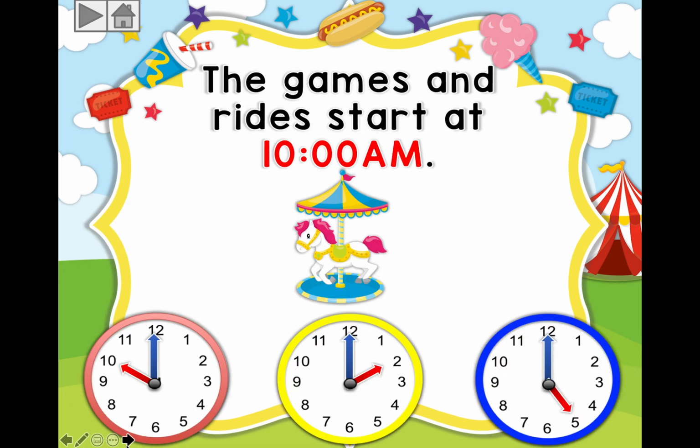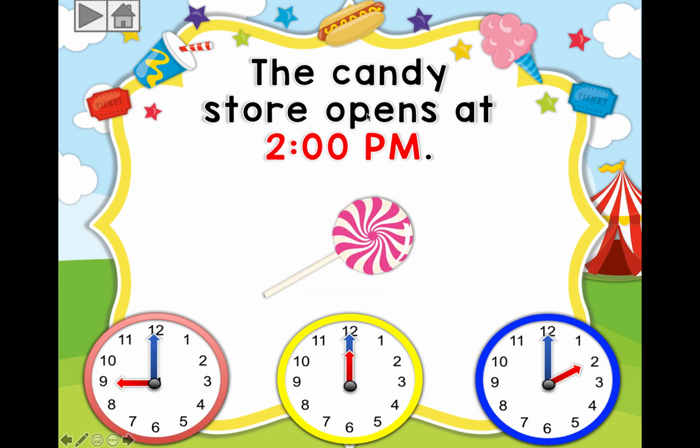Now they tell us the games and the rides start at 10 o'clock in the morning. Which clock here is showing us 10 o'clock in the morning? If you've guessed this one, well done. How about this one? The candy store only opens at 2 o'clock in the afternoon. Which clock is showing us 2 o'clock?